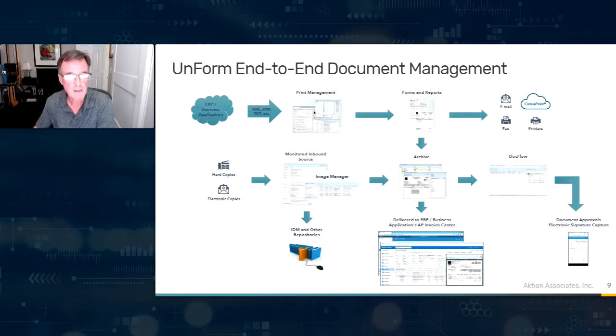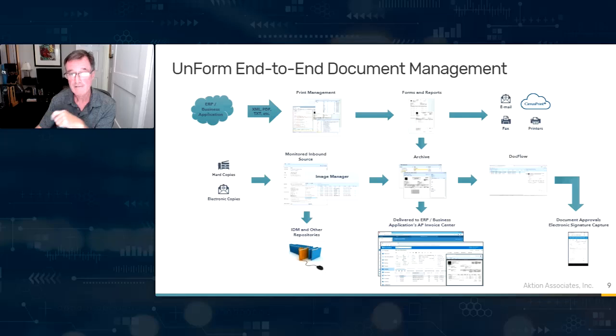Image Manager is the application we use to capture those, and they can be hard copies that get scanned in, or they could be electronic copies already that you can drag or drop in, or if they're coming in via email, we can monitor email addresses and pick those documents off of the emails automatically.